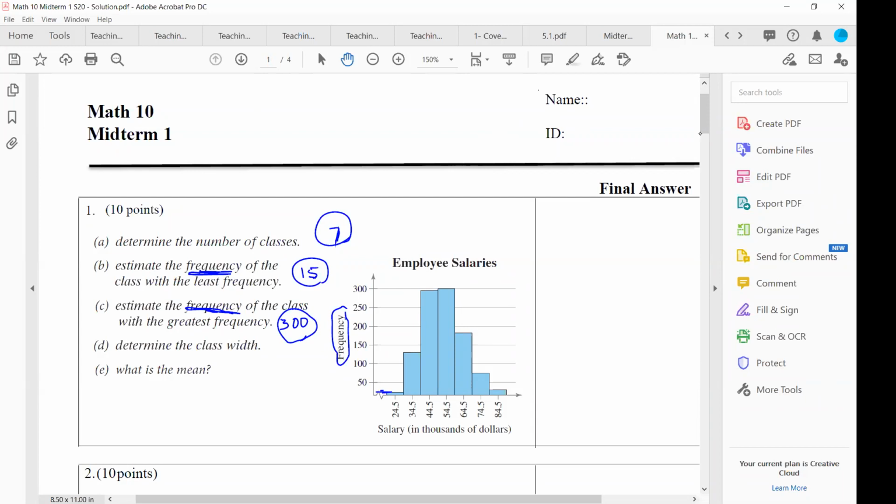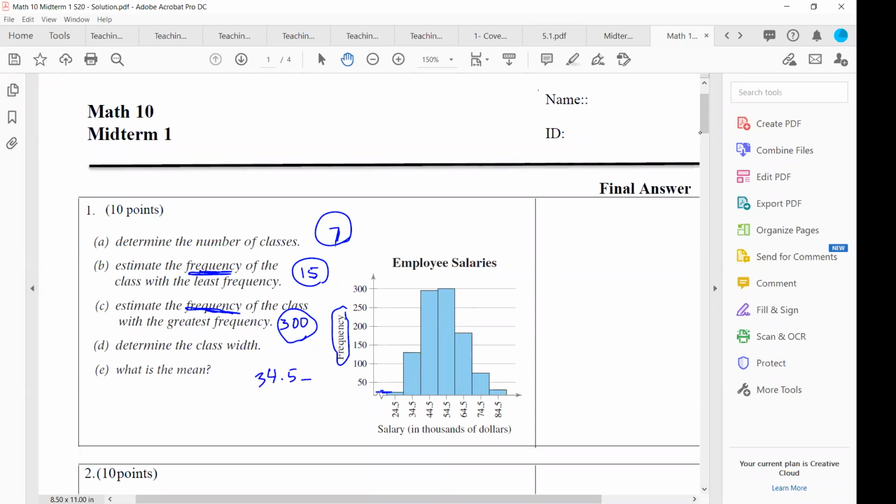Part D says, determine the class width. Since you have the midpoints of two classes, you only need to subtract consecutive midpoints and get your class width. The midpoint for the second class is 34.5.